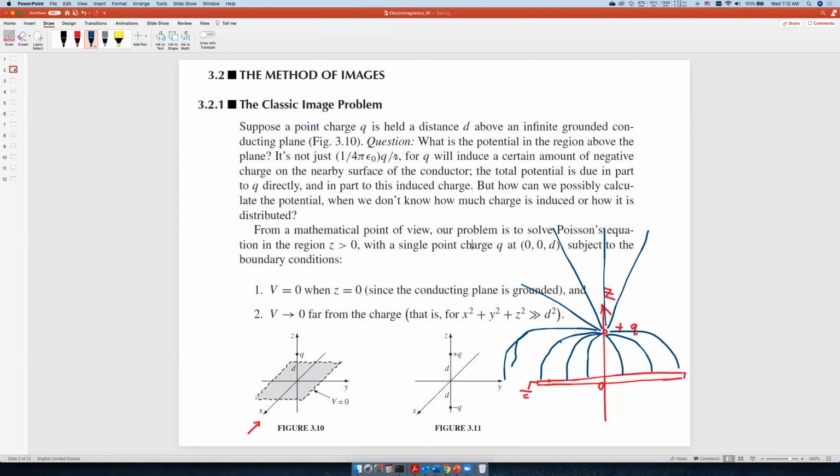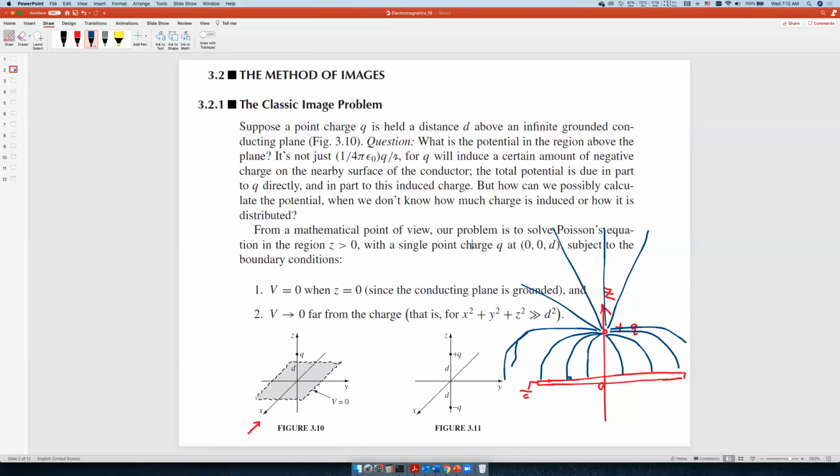Because it's an infinitely large plane, you have an infinite number of field lines, but each field line, when it goes to the plane, is always perpendicular to the plane because it's a conductor. You can imagine that if it's not perpendicular to the plane, then the induced charge will move on the plane until it's perpendicular.